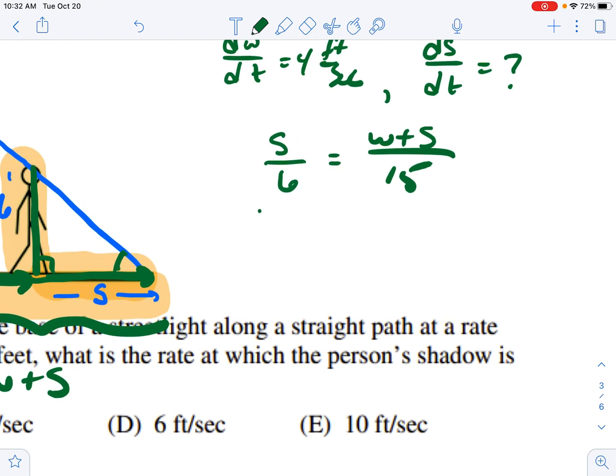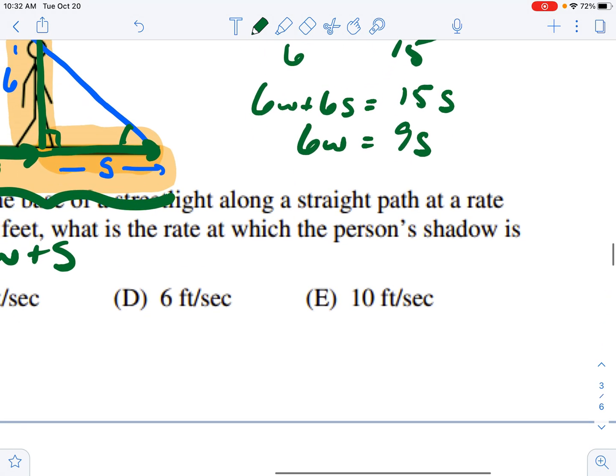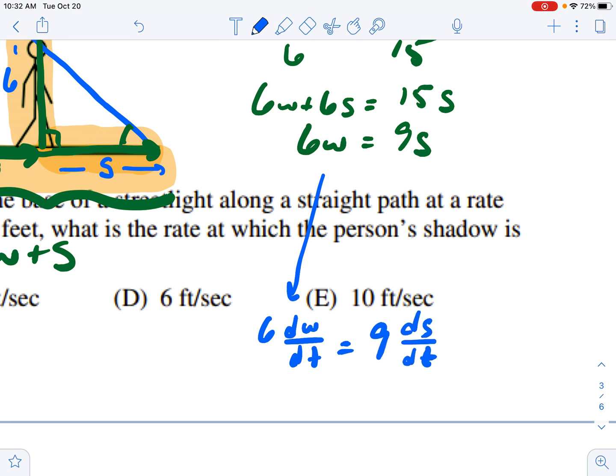But I'm not going to do that yet. I'm actually going to cross multiply here. And I'm actually going to get S's on one side of the equation. Now I can as easily as possible take the derivative with respect to t on both sides. Derivative of 6w would be 6 dw over dt, and on the right 9 ds over dt.